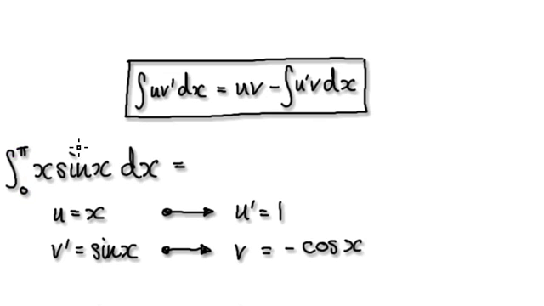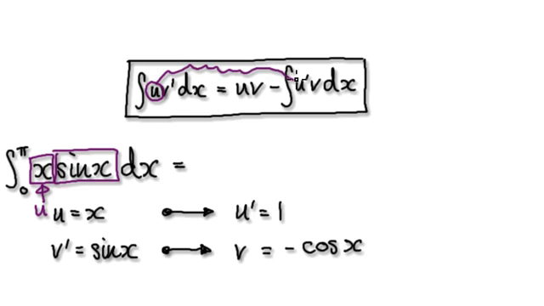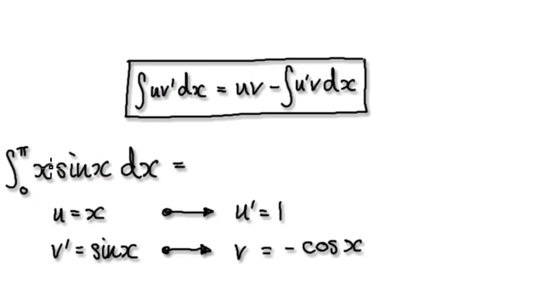Hopefully by this stage you can recognize that you should use integration by parts, because if you make this your u, by the time you get to u prime it will be easier to integrate. So let this be u, and then let this be v prime.